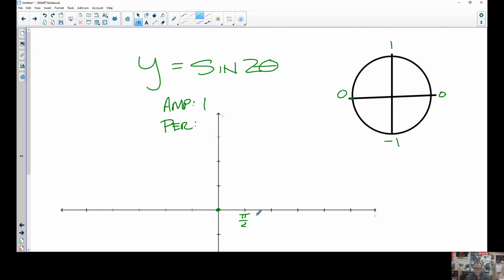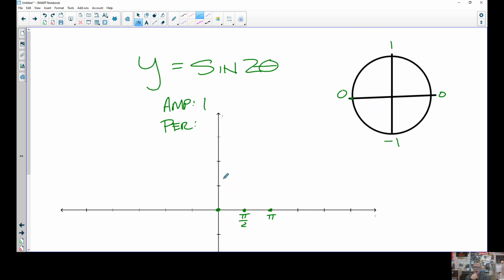So at pi over 2, I'm back at 0. Well, okay, so now if I go to pi, what happens? Pi becomes 2 pi, because 2 times pi is 2 pi. Sine of 2 pi is 0 again.